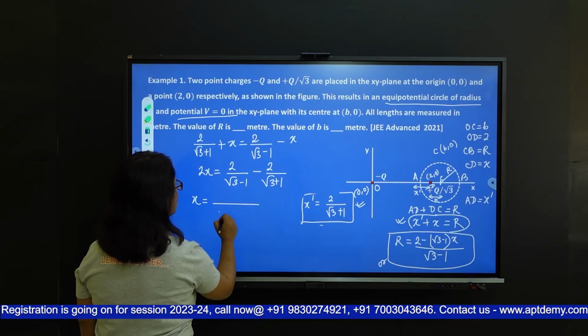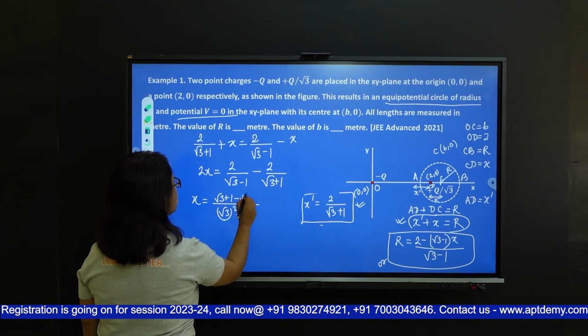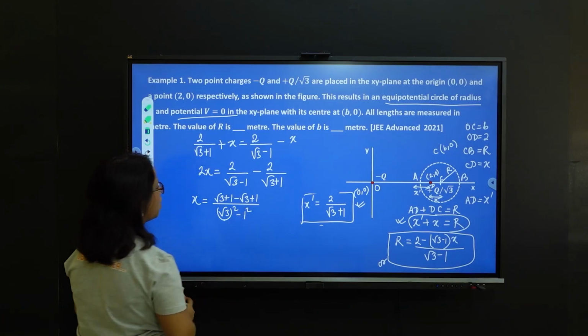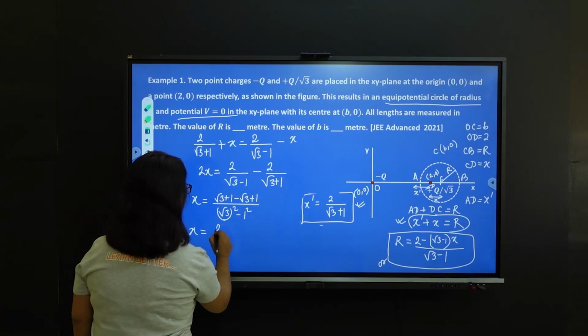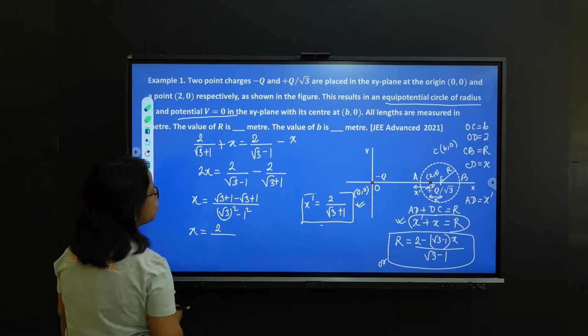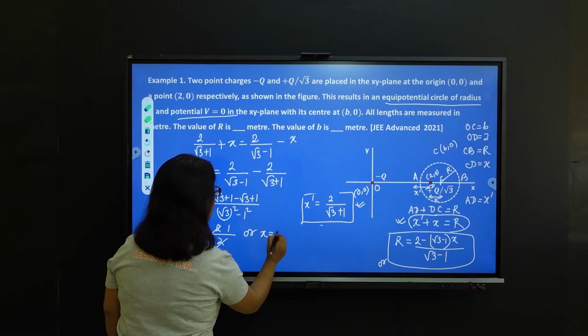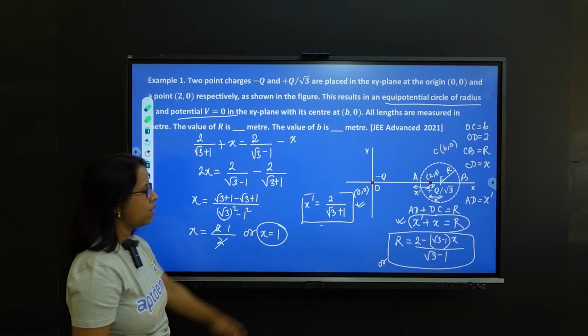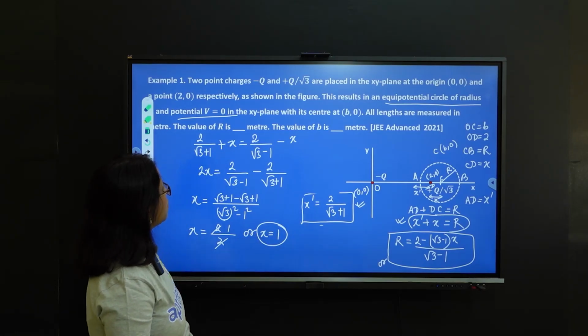We have this as root 3 squared minus 1 squared, and this is root 3 plus 1 minus root 3 plus 1 again. So finally we get x as equal to 2 by, this is 3 minus 1, that's 2. So we have x equals 1. So we get x dash as equal to 2 by root 3 plus 1 and x as equal to 1.